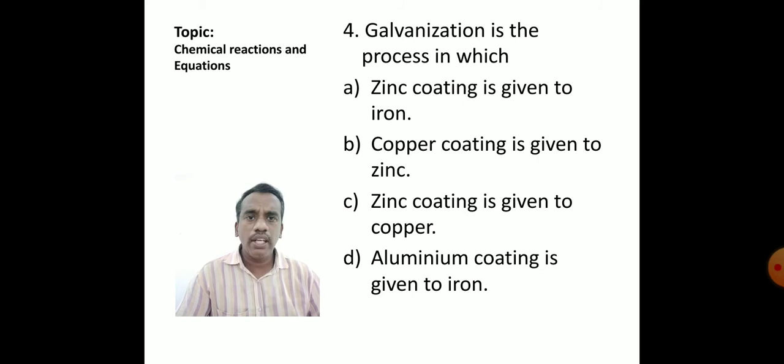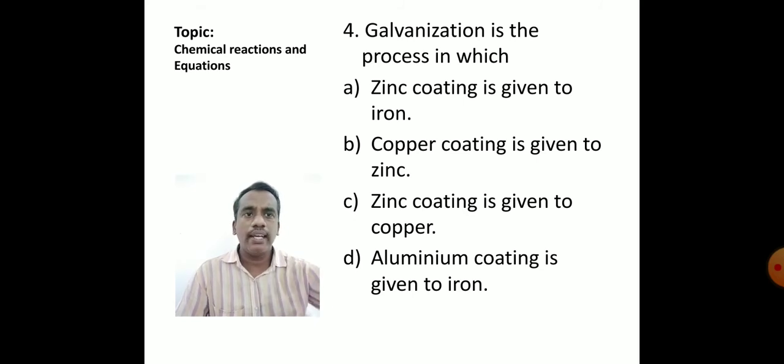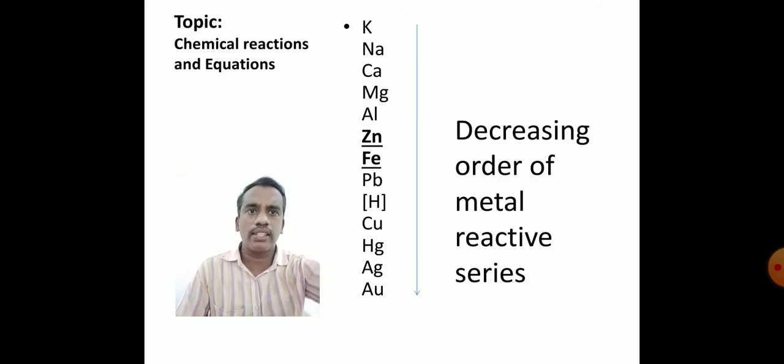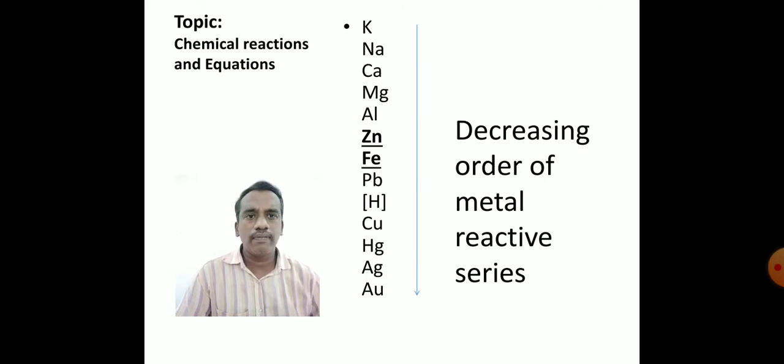Among them, we had discussed that iron in the metal reactivity series is placed below zinc. To prevent the rusting of iron, we can coat the iron with a highly reactive metal like zinc, so that the zinc forms a protective layer over the iron and the zinc undergoes corrosion, preventing the iron from rusting.